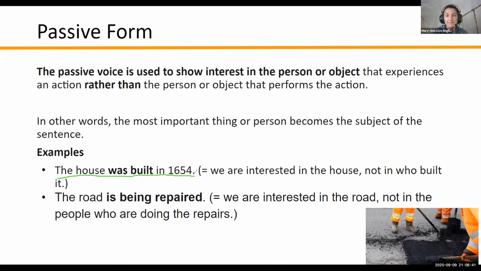Any ideas? Francois, any ideas? I was a little bit distracted. Can you repeat, please? Don't worry. So the sentence, the house was built in 1654, okay? What is the object or the person that is receiving the action? The house. The house, exactly.